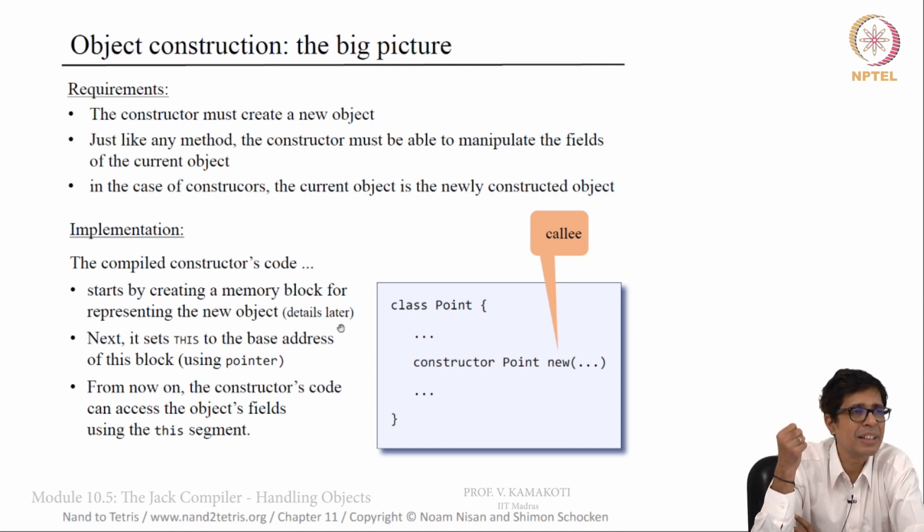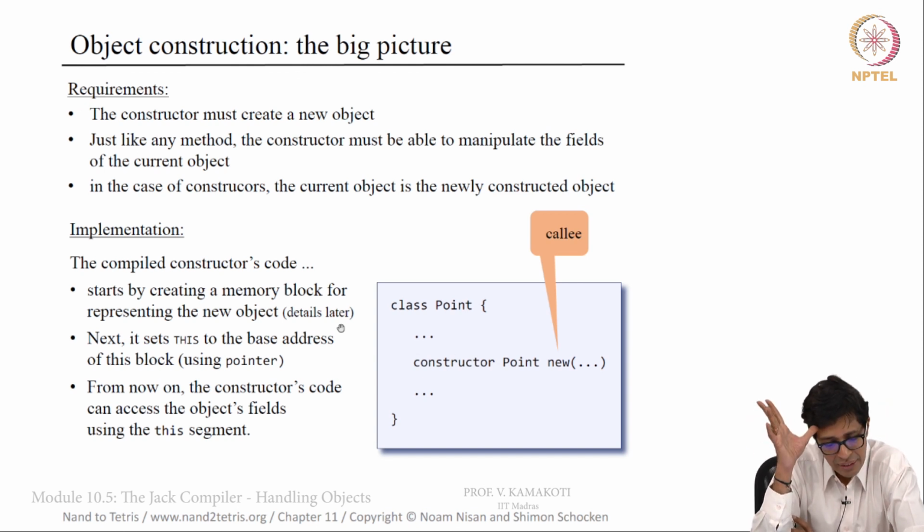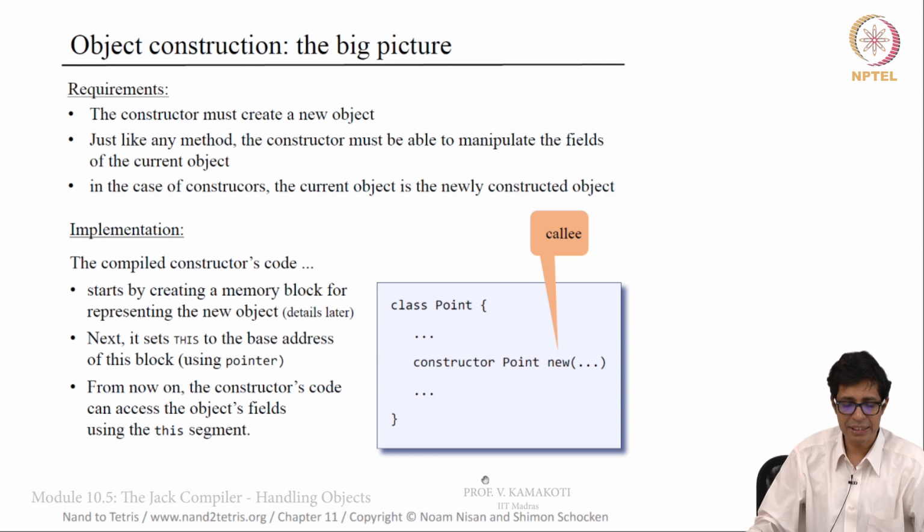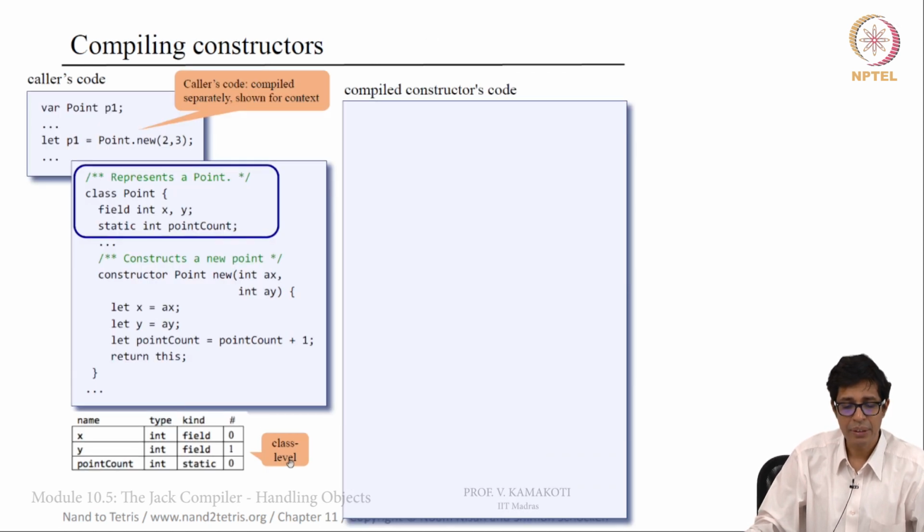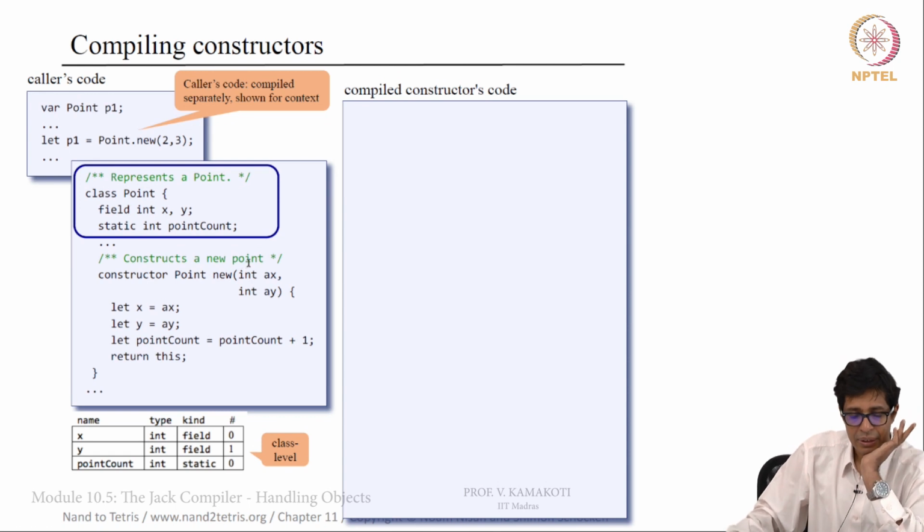Any constructor will return back a pointer to the object that it has created. What do you mean by creating an object? Creating space for storing those variables there. So it uses this as a base address, and it will return back. So let us see how this is going to happen.